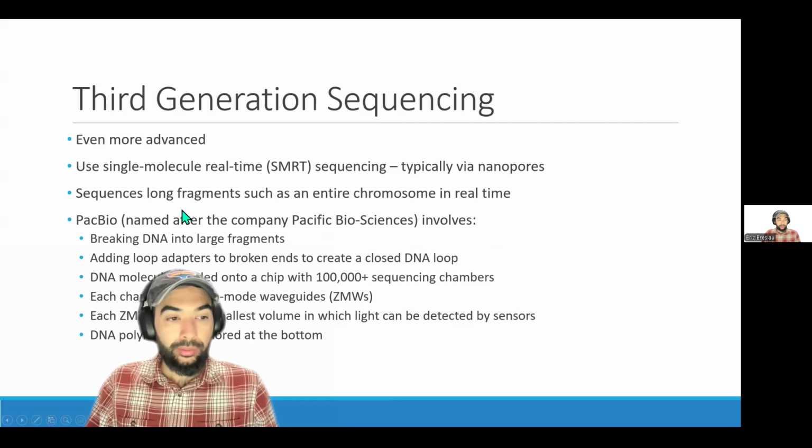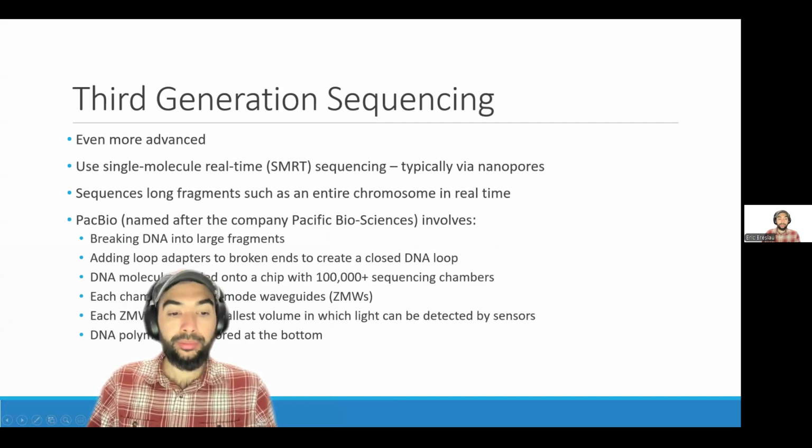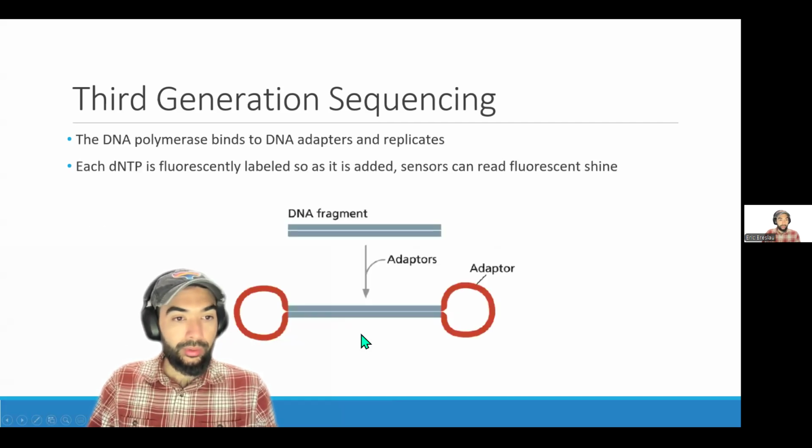So PacBio is probably the most commonly used third generation sequencing platform. There's an explanation here in text, but I'll go ahead and move on to the next slide and explain it here. With PacBio, in this case, we're still working with fragments.